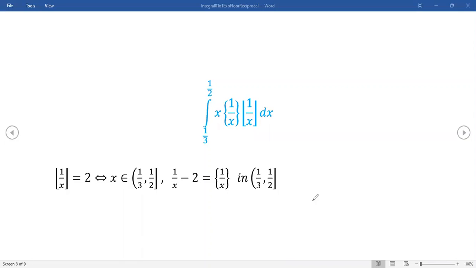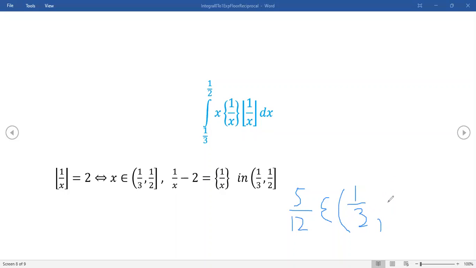Notice that 5 over 12 is contained in this set, determined by these limits of integration. So 5 over 12 is a member of the open 1/3, closed 1/2.